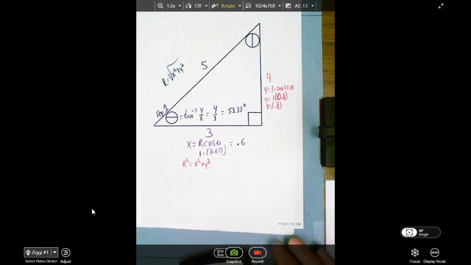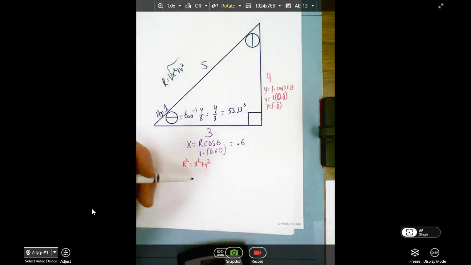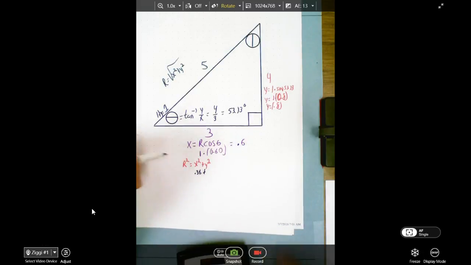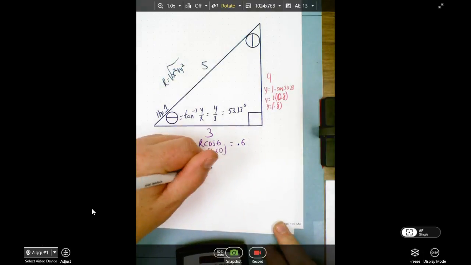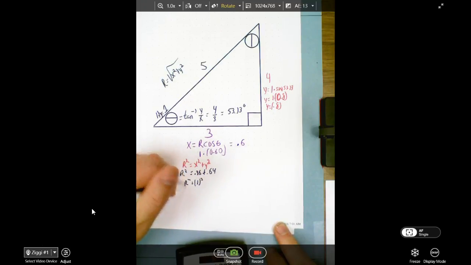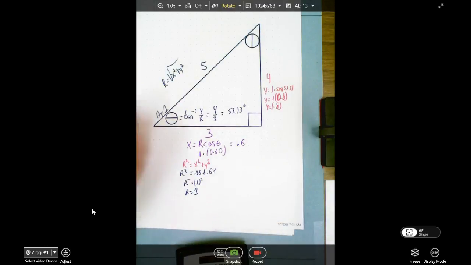Let's try our luck. 0.6 squared is 0.36 plus 0.8 squared, some of you already probably did in your head and said 0.64, equals r squared. So r squared equals 1 squared, square root of that, r equals 1, which is right back where we started from. So this very short proof works.